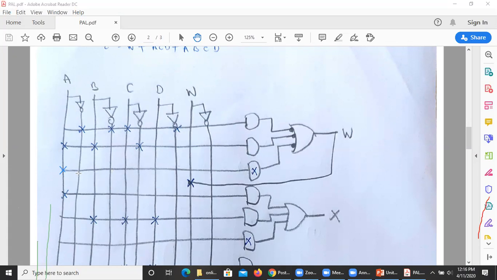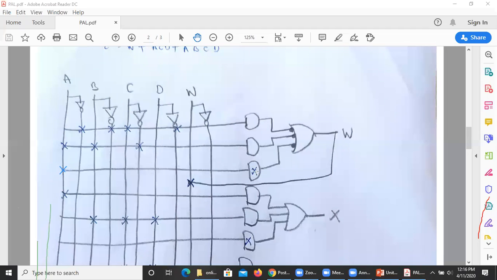For easy sake, for this line I am crossing the total AND gate. This cross mark in the AND gate represents that we are not using that AND gate for this W. Crossing the AND gate means we are not using it, but it is available in our PAL chip.